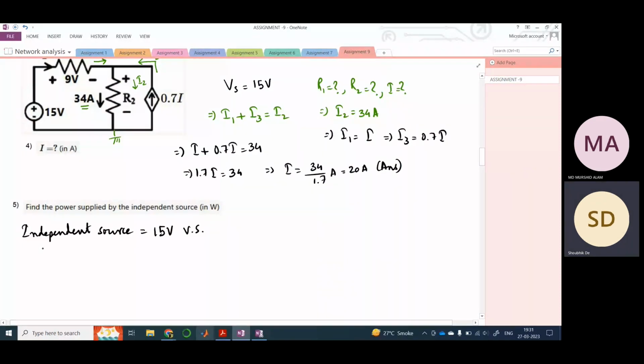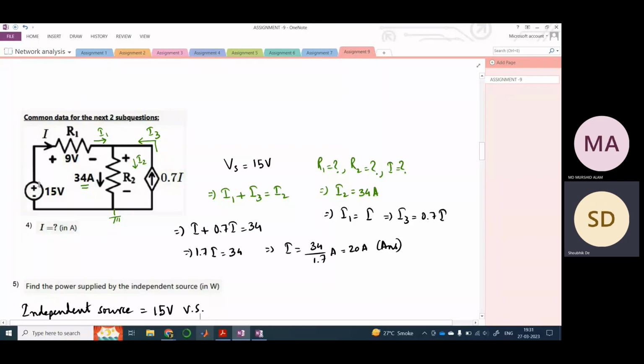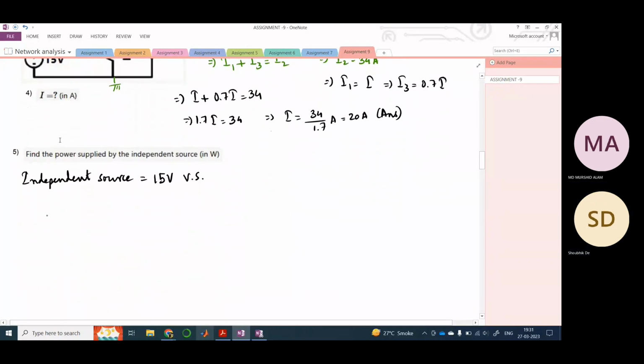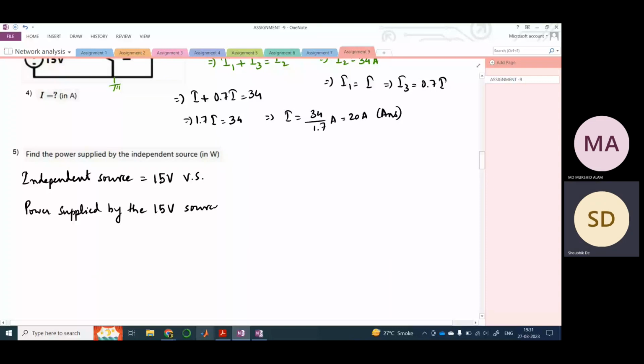So the power that it would be supplying is nothing but its voltage value, 15, times the I value, the current that is flowing through it. So the power supplied by the 15-volt source is nothing but 15 times I, and we just calculated the value of I. That is 15 into 20 watts. So this is 300 watts. So this is the answer to the fifth question.